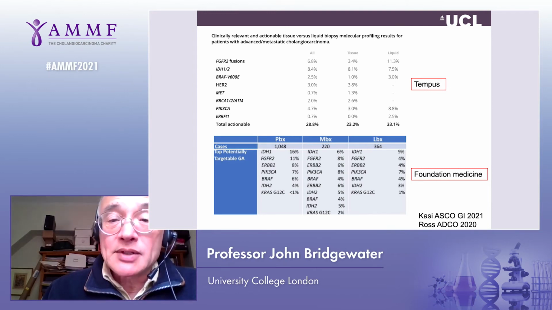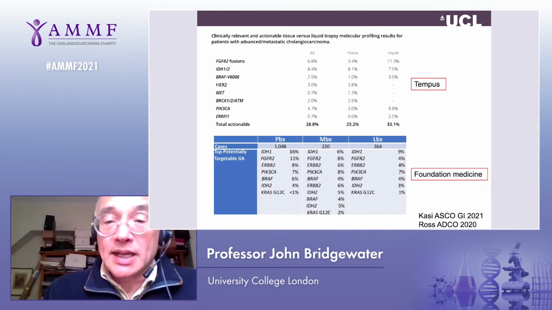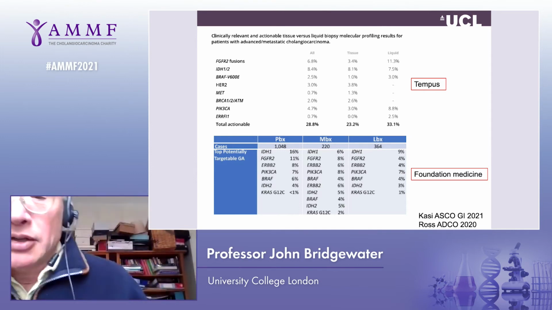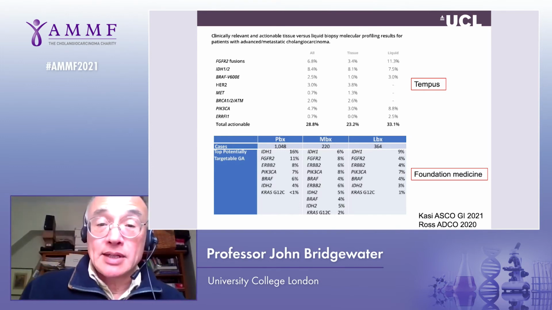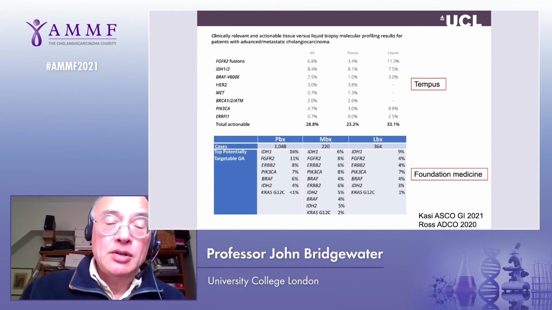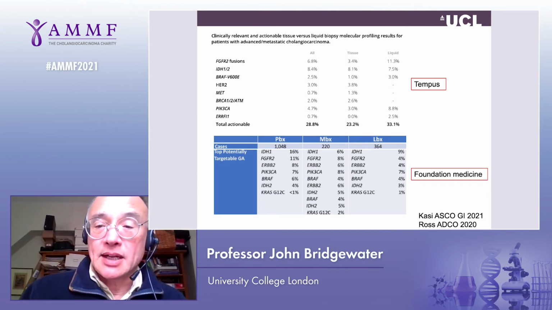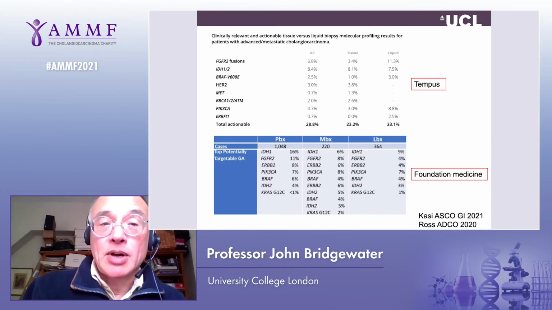And you can see there is really quite a marked difference between each of these. So it's not a simple case, do the test, get the result. You have to think carefully about the test. You have to think carefully about how you do the test. You have to think carefully about whether you do it to the primary cancer or to the metastatic cancer. So all these things should come into a discussion about what test to do and in what way.